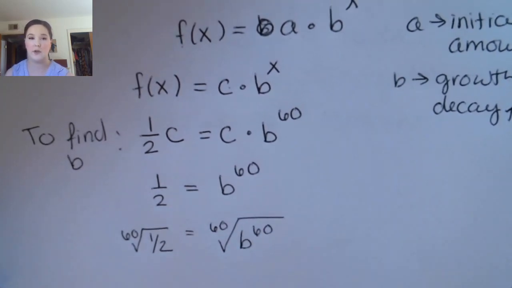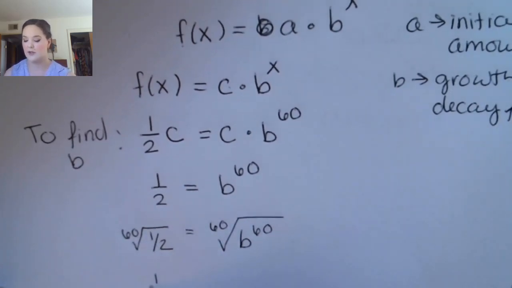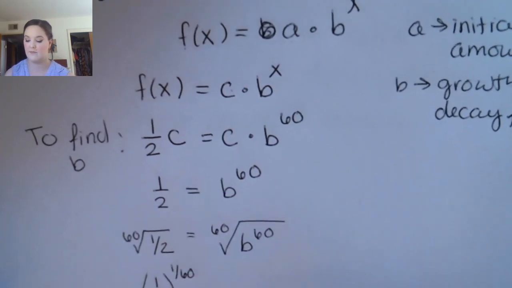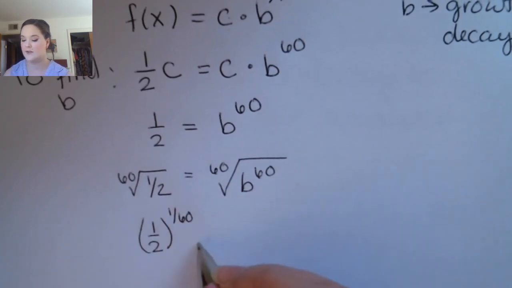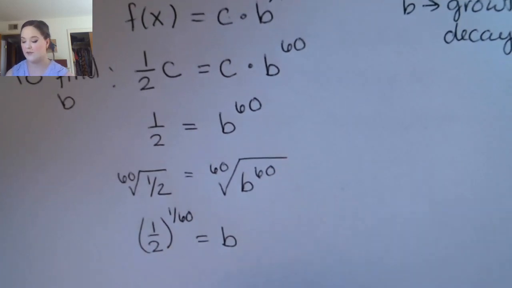Remember, when you have a numerical exponent, you can take the root to get rid of that. Now this side I'm going to write in exponential form. And here I can say the 60th root of b to the 60 is just b. So now I have my value for b.